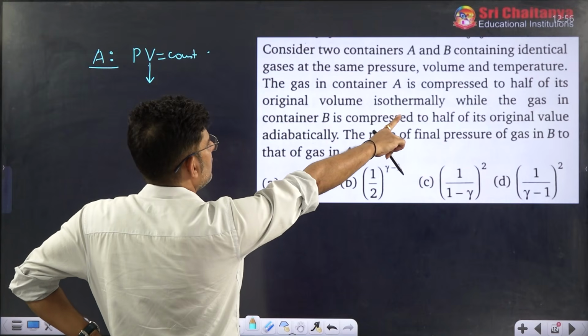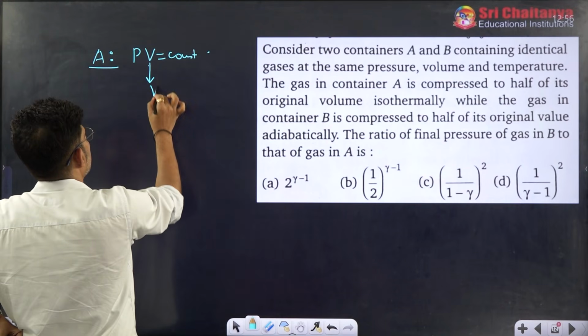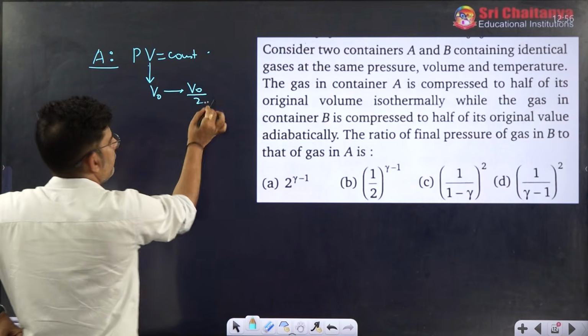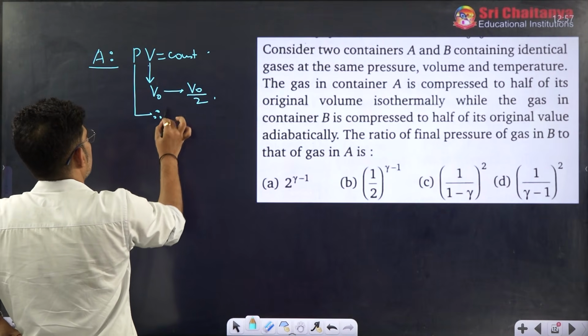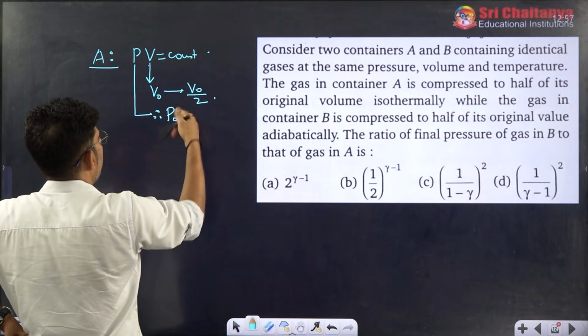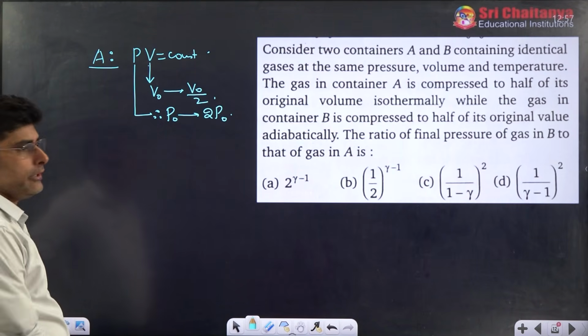Gas is compressed to half of its original volume. So V you have converted from V0 to V0 by 2. So obviously pressure will be doubled. PV is constant, so volume half, pressure will become 2 P0 in case of A.